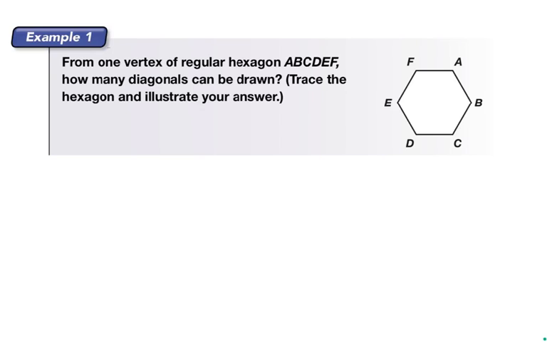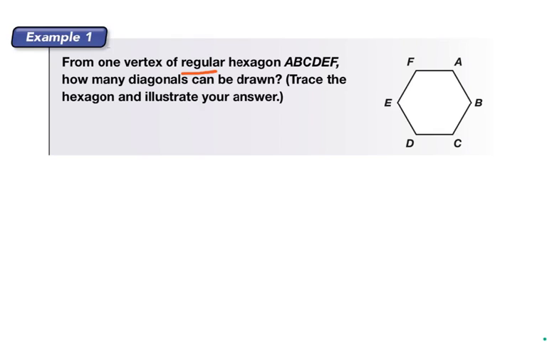Here we have a regular hexagon, A, B, C, D, E, and F, and they want us to draw diagonals from one vertex. From one vertex of a regular hexagon, how many diagonals can be drawn? Okay, let's think about this word regular.